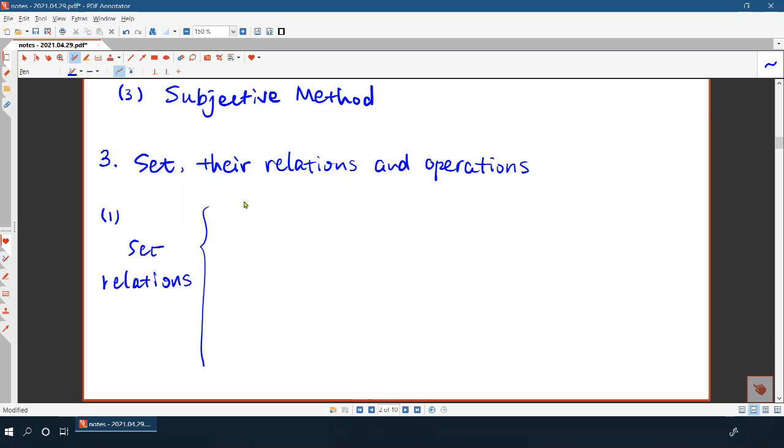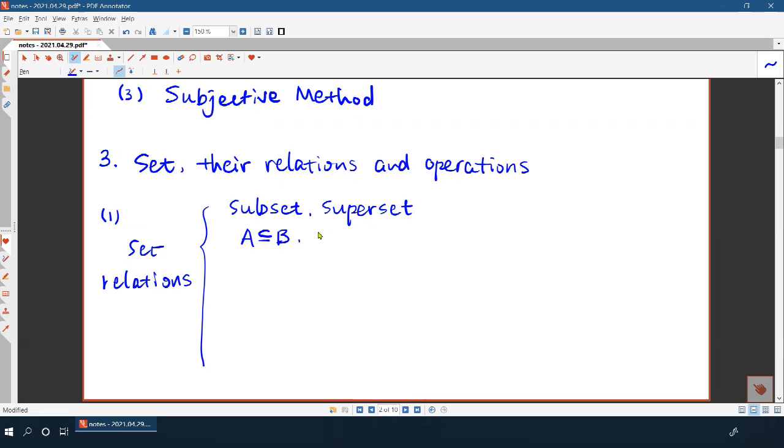First of all, you should know what is a subset and what is a superset. What are these concepts? And the common symbols to denote subsets and supersets are these.